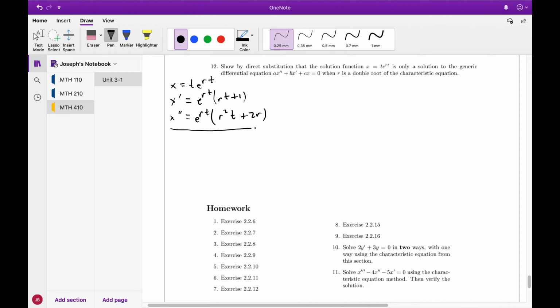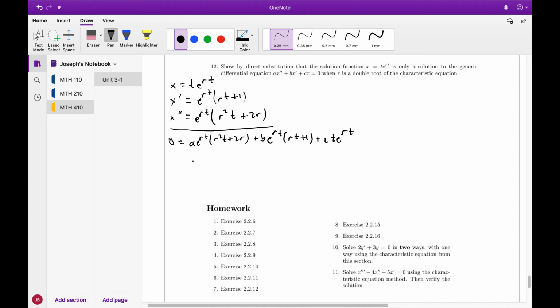Now, if we plug this into the differential equation, what we get is that 0 has to equal a times e to the rt times r squared t plus 2r, plus b times e to the rt times rt plus 1, plus c t e to the rt, right?